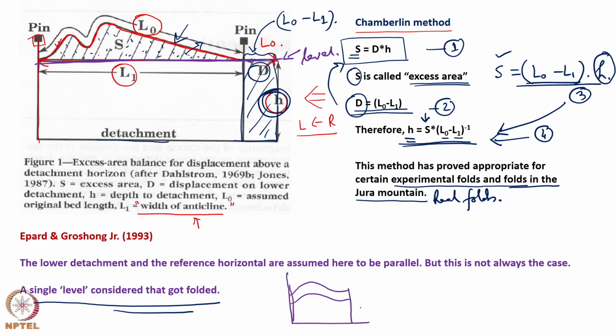So, in such cases H is a detachment depth from this particular point, and these two folded lines can be called level 2 and level 1. There is a use of the term reference horizontal, which we will see.